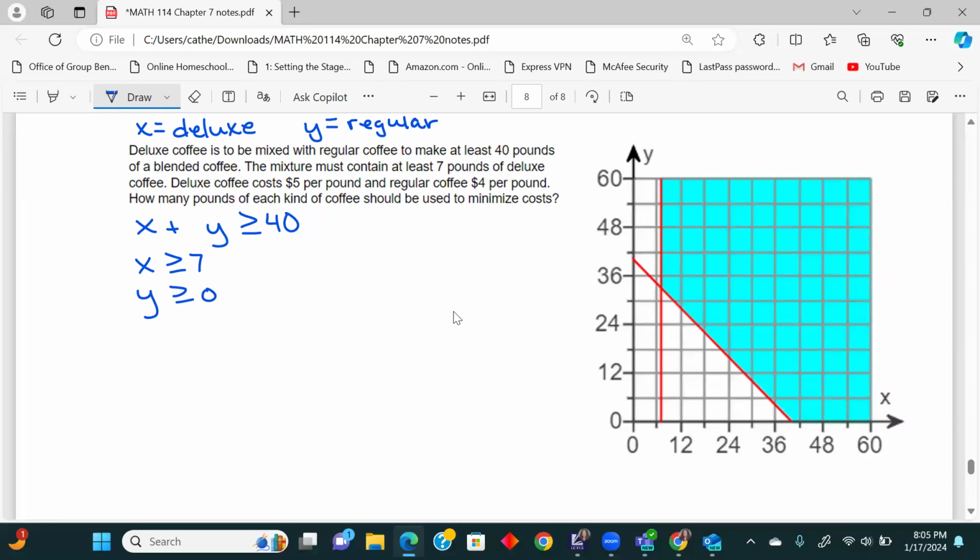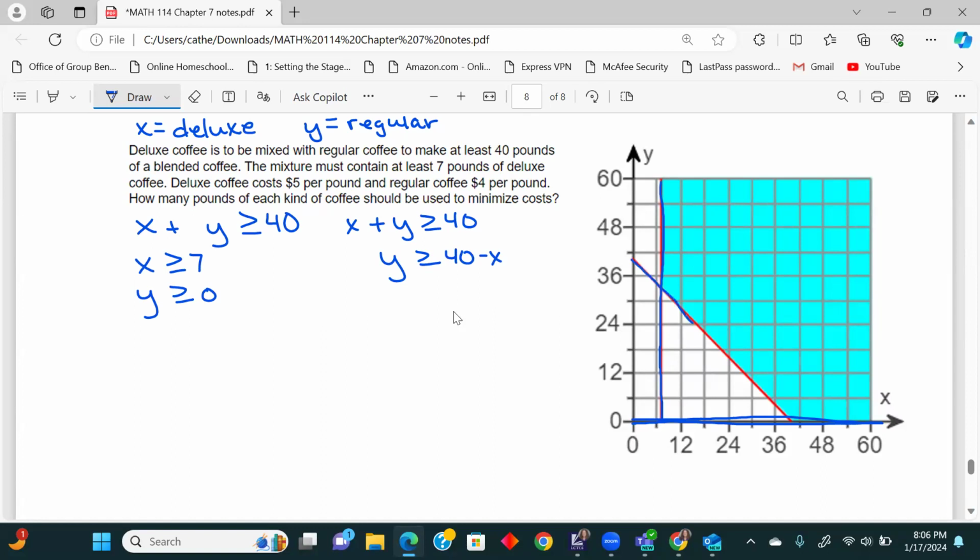All right. So X greater than or equal to 7 is right here. Y greater than 0 is down here. It's probably hard to see. And then this last one, we'll subtract X. And when you graph that, that's going to be this line here.